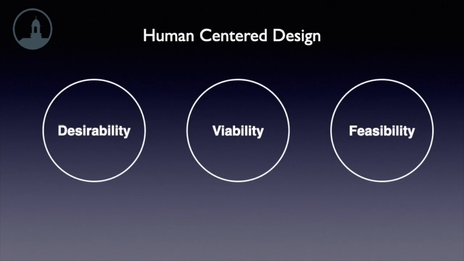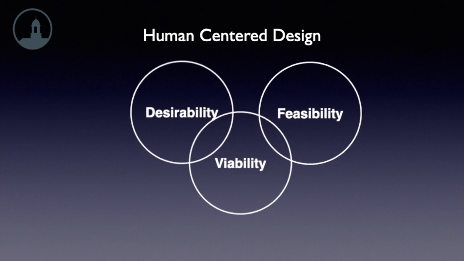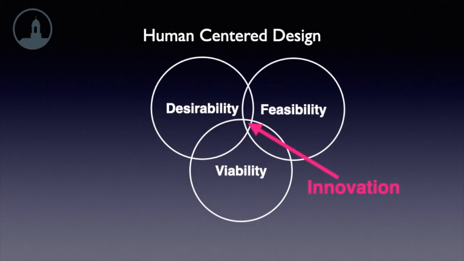One of the key focuses, if we think about an overarching idea, is human-centered design and the fact that the things we make are always ultimately getting used by a person somewhere. We think about three things: desirability, viability, and feasibility. Desirability is whether or not people want to use the thing that you create.